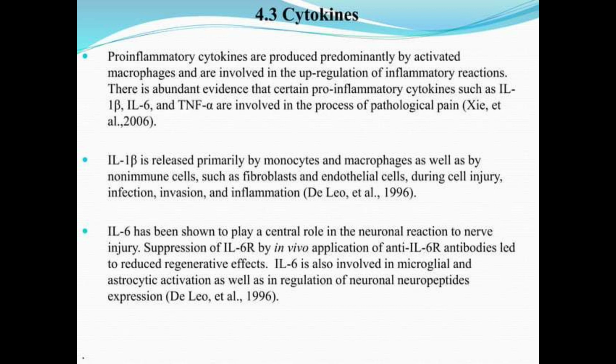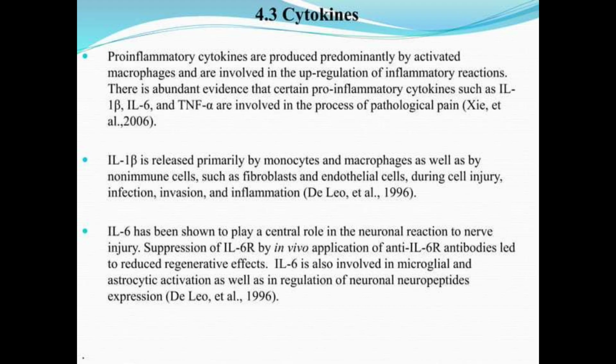The primary cytokine released by monocytes and macrophages is IL-1 beta. It is also released by non-immune cells such as fibroblasts and endothelial cells during cell injury, infection, invasion and inflammation.